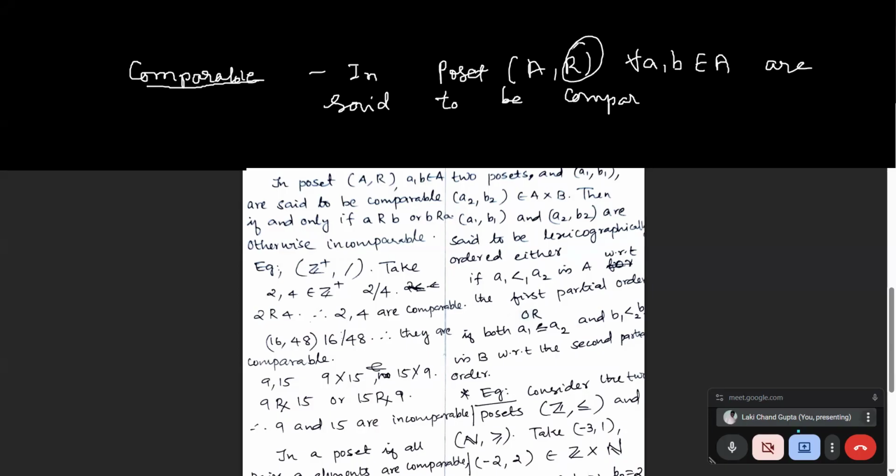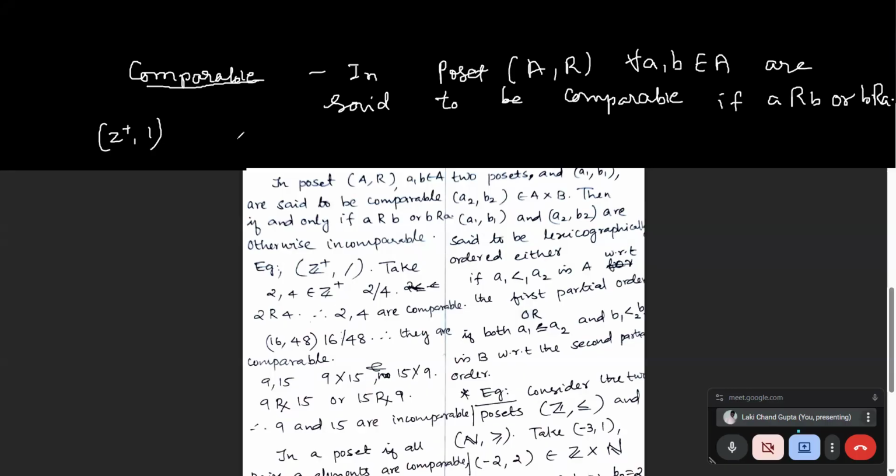R is the relation. Let's suppose relation is plus, division, anything. If a is related with b or b is related with a. Otherwise, this is incomparable.